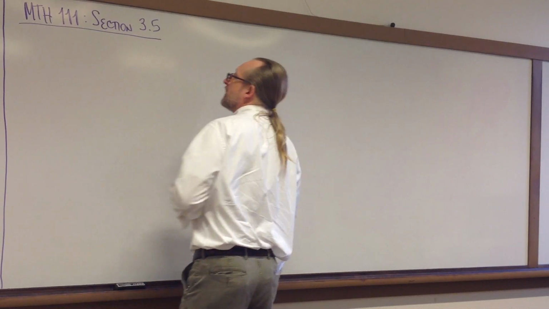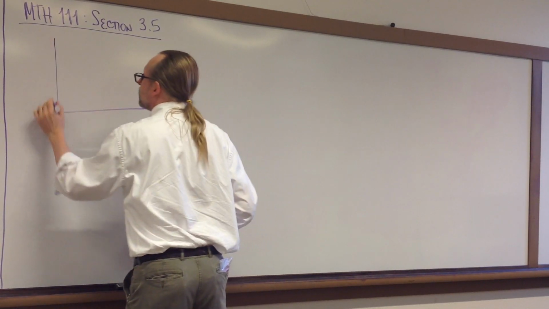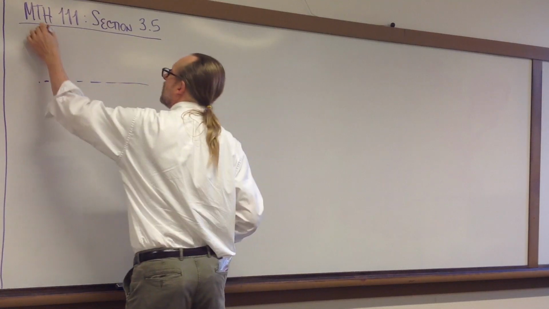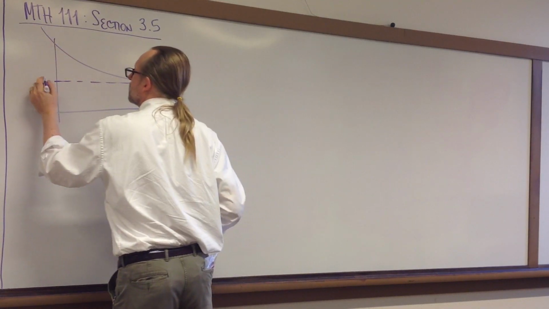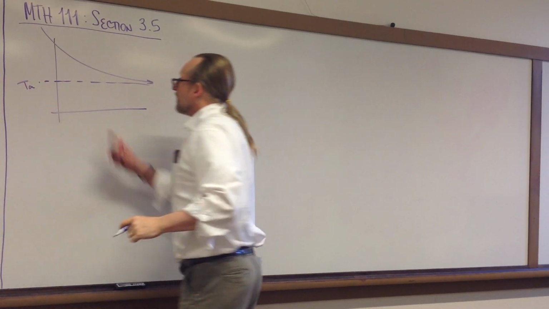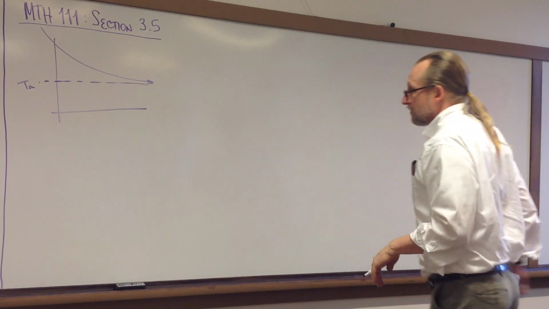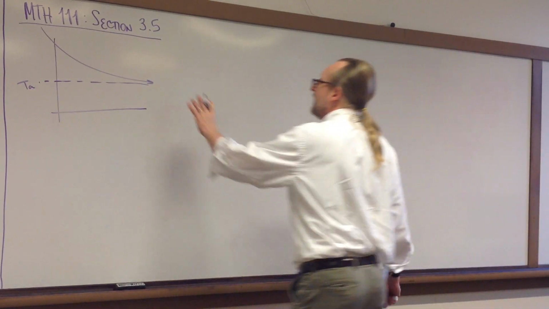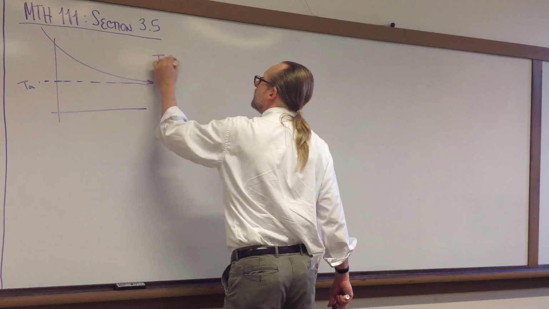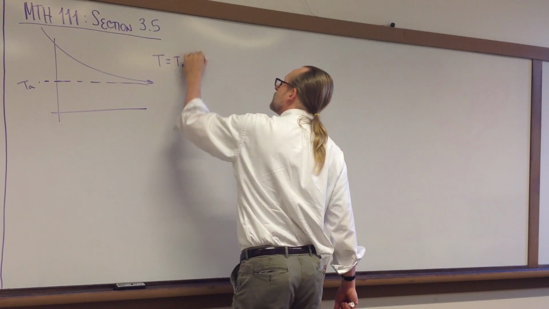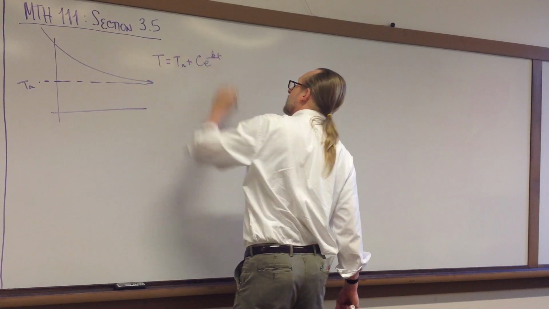So Newton's law of cooling has a slightly different relationship because rather than going to 0, what's happening is something is cooling off. Sometimes it'll be heating up, but most often cooling off towards an ambient temperature. And the temperature here is going to be the ambient temperature plus Ce to the minus kt.